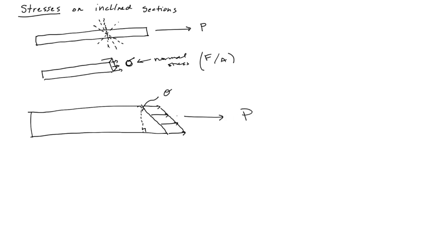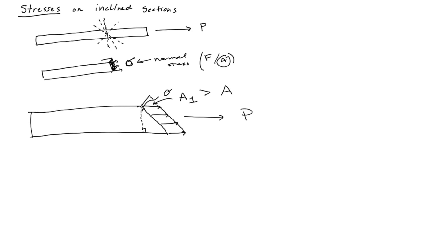It should be equal to P. But now we're on this inclined section. The cross section for this, right, is going to be what we call A1. And A1, the cross-sectional area of an inclined section, is different than the area of a vertical cross section. It should be a little bigger, right? So this should be bigger than what we were using before.